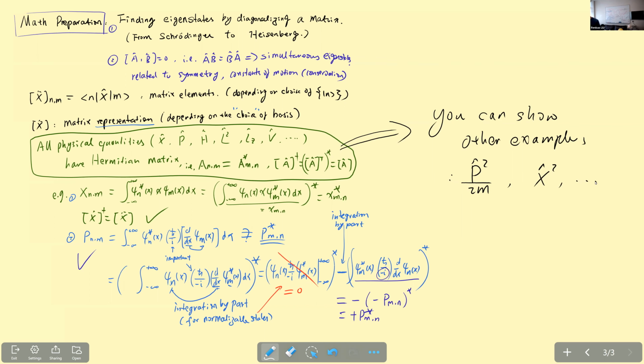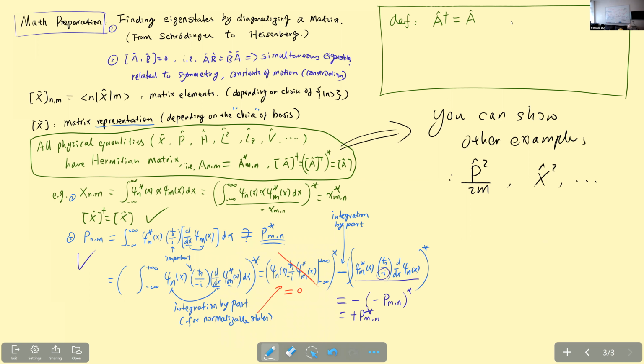So in this sense, we define that if you have an operator A, it's called a Hermitian operator if you take any matrix elements equals to, so this one is equivalent to this one, or it's also equivalent in Dirac notation.